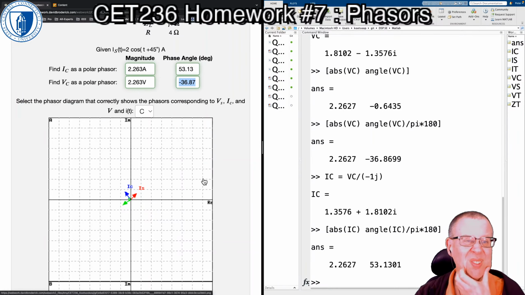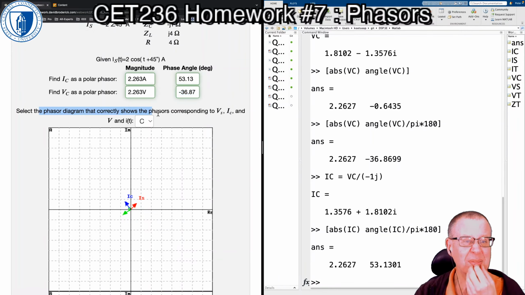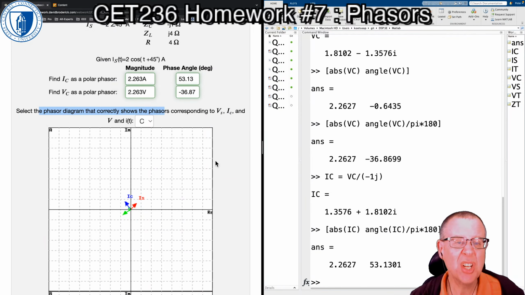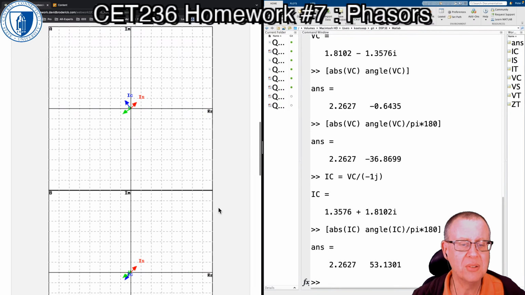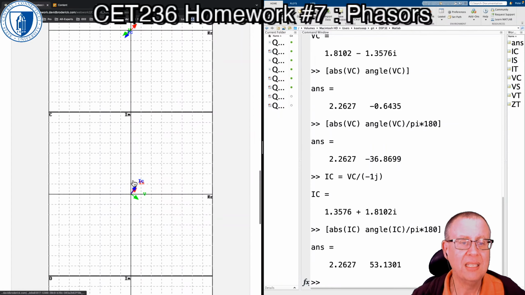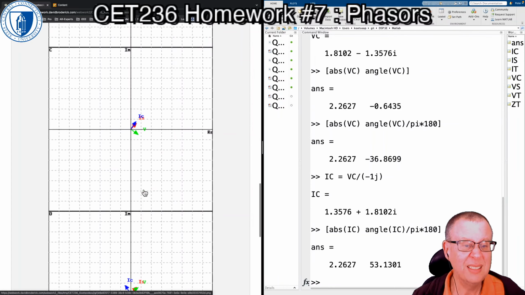Okay, so that's that. Select a phasor diagram that correctly shows the phasors VS IC. So we want an IC, which is the blue one, at 53 degrees. And that looks like it's this one.